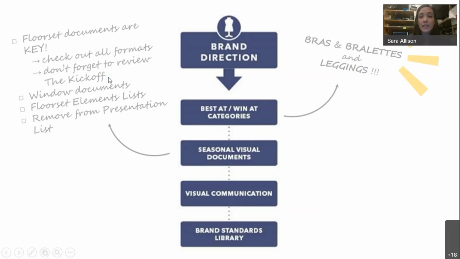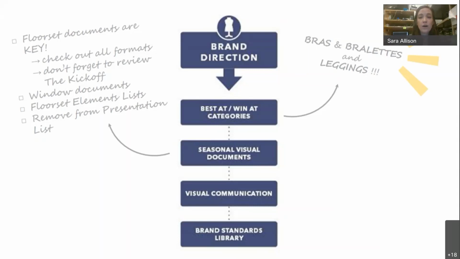Here we also have the kickoff, or, no, I think it's still called the kickoff for Offline. I was trying to call it the game plan, but it's not. So the kickoff before each floor set for each brand is really going to introduce you to the top styles of the season, the big ideas of storytelling for the season, really get you grounded. And again, that message that we're trying to get across.